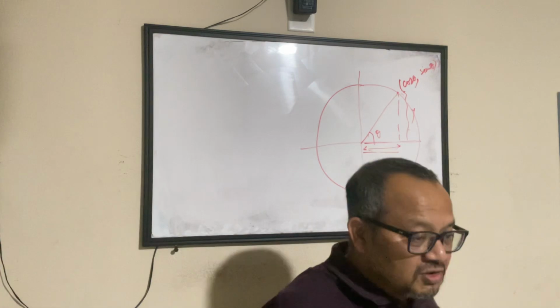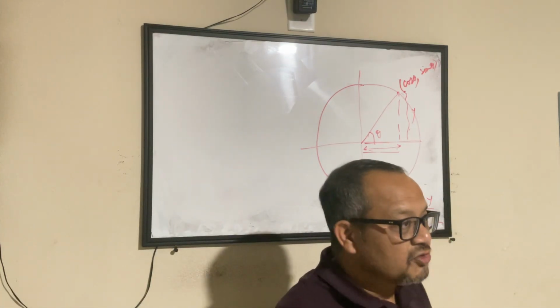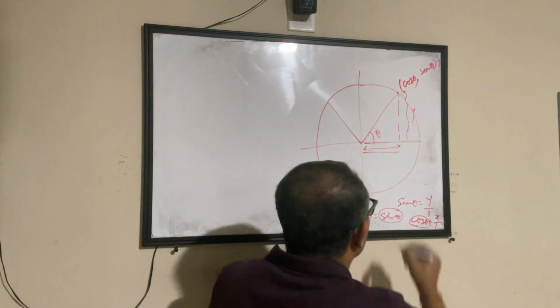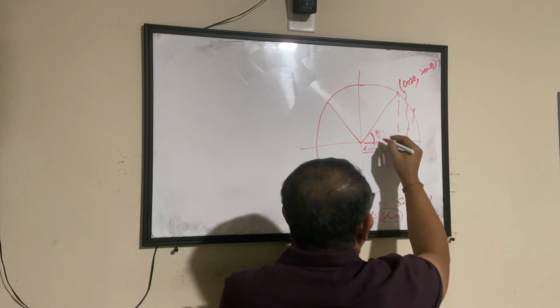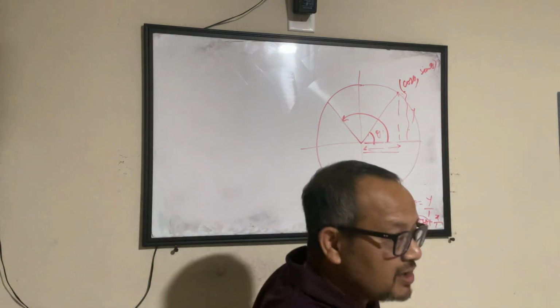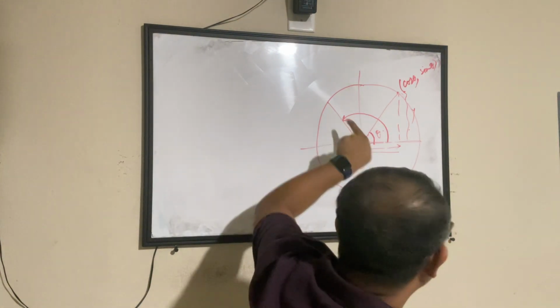Now, what do we mean by periodicity? What it means is how you are moving this by 90 degrees. If this angle is theta, periodicity means what will be the corresponding changes when you move this angle by 90 degrees.